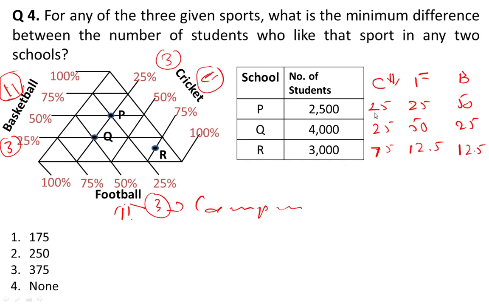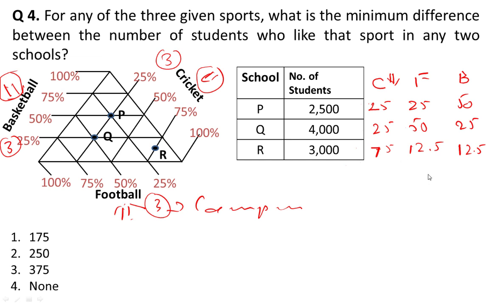As we have 3 schools, the difference between P to Q, P to R and Q to R. So the minimum of this. And for football, the minimum of the differences P to Q, P to R and Q to R. So is the case of basketball. So the least of that will be my answer.